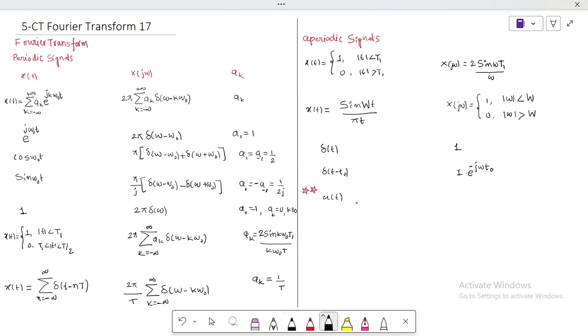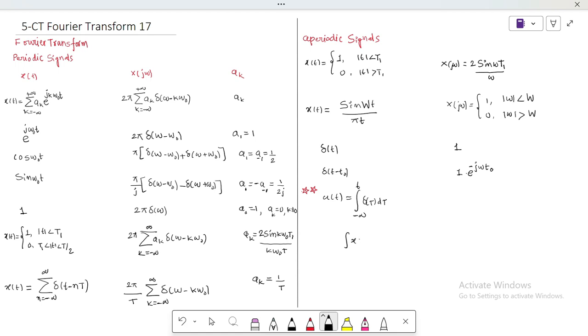So with the help of the integration property, u of t we can write as the integral of del of tau d tau from minus infinity to t. Here I'm writing the integration property.